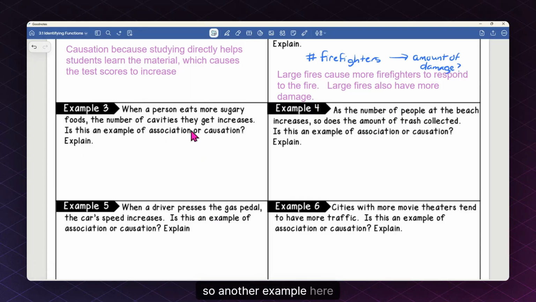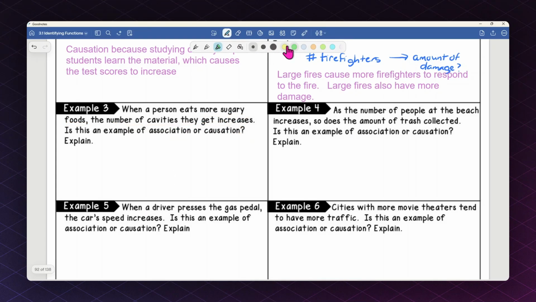Okay, so another example here is when a person eats more sugary foods, the number of cavities they get increases. Is this association or causation?